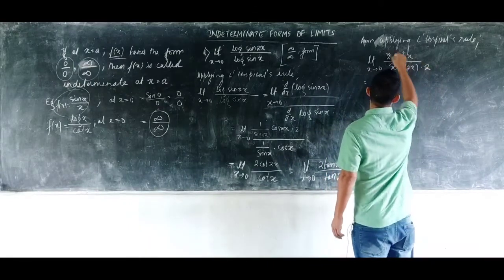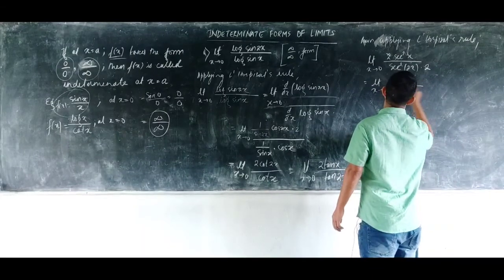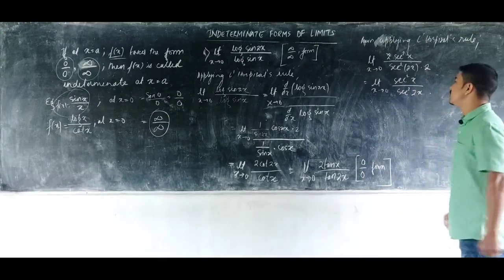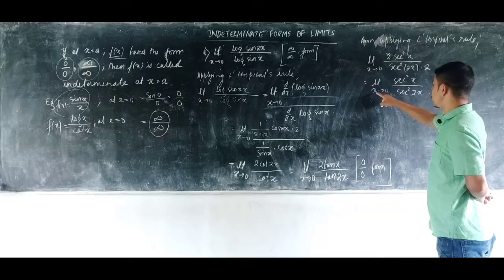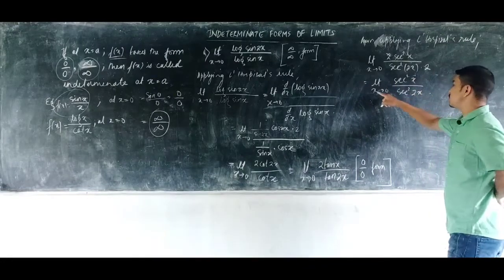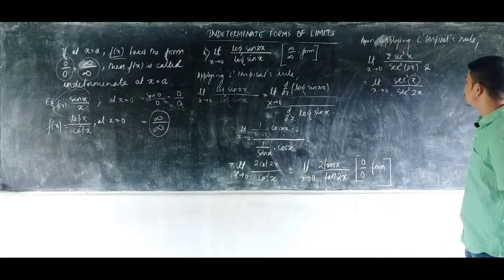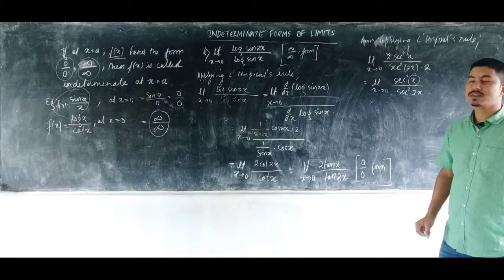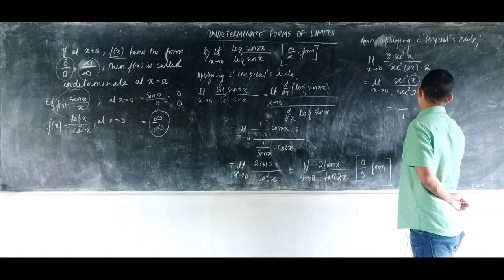So 2 and 2 get cancelled: sec square x divided by sec square of 2x. Now again if you make a substitution of x equals to 0 here, you will get sec 0 divided by sec of 0. So sec of 0 we know is equal to 1. So this will give me 1 divided by 1, which is equal to 1 itself.